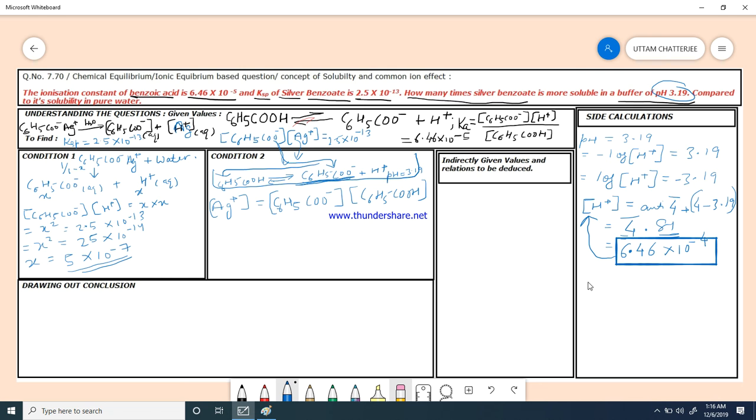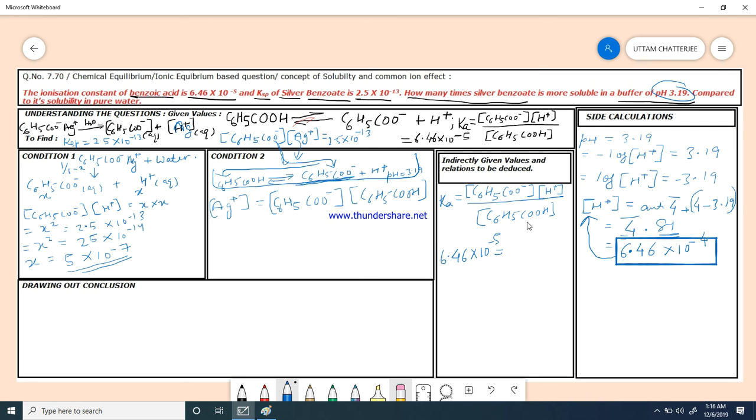Also it is given that the value of Ka is the concentration of C6H5COO minus and H plus divided by C6H5COOH, such that the value of Ka is 6.46 × 10 to the power minus 5.